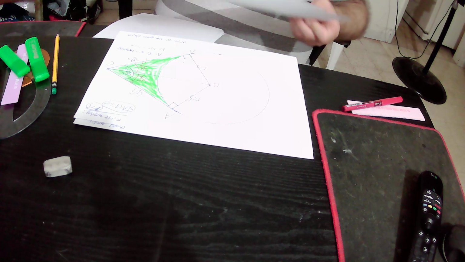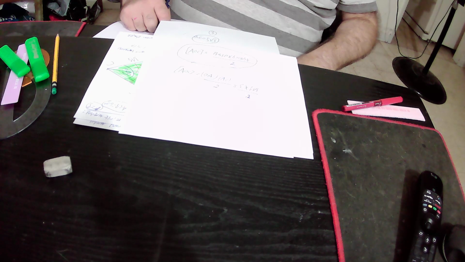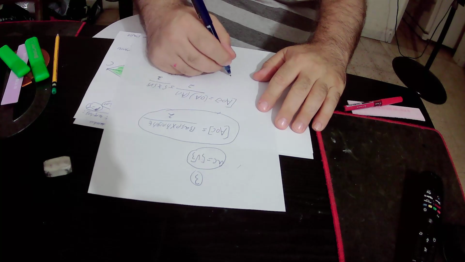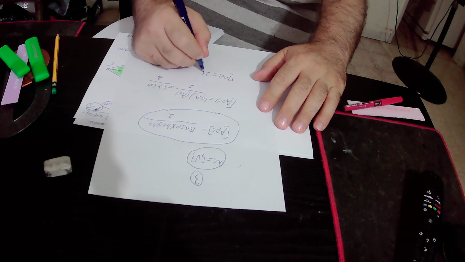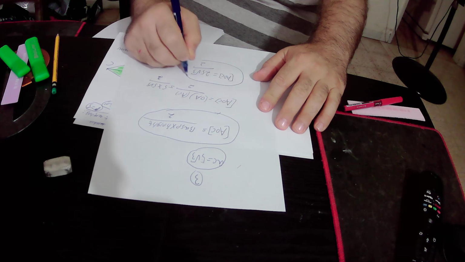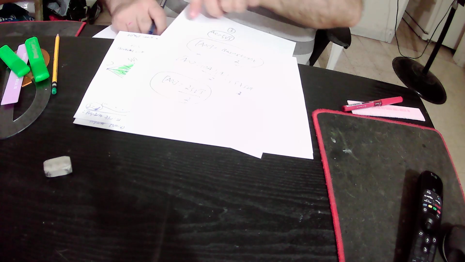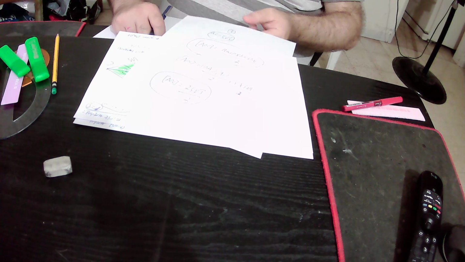So the area of triangle AOC equals 5 times 5 times root 3 over 2 square units. 5 times 5 is 25, so the area of triangle AOC equals 25 times root 3 over 2 square units.